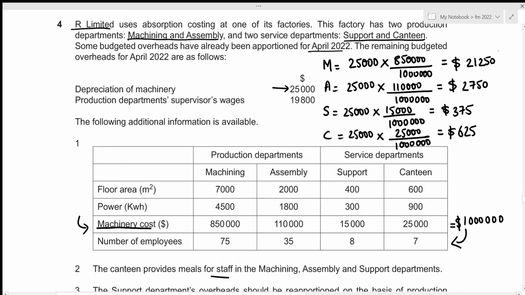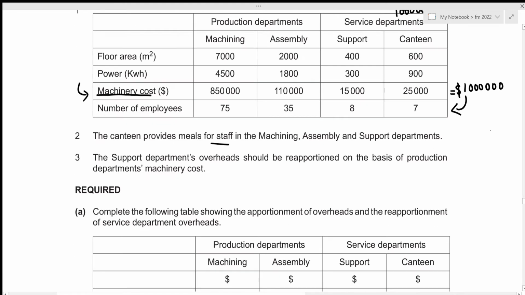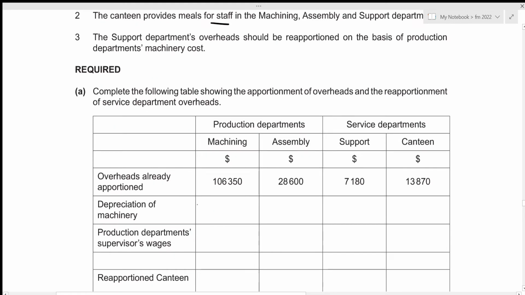Now we just need to record these 4 values in the table below. Let's do that. The depreciation of machinery for machining department, we figured it out to be 21,250. For assembly department, it was 2,750. For support, it was 375. And for canteen, it was 625.